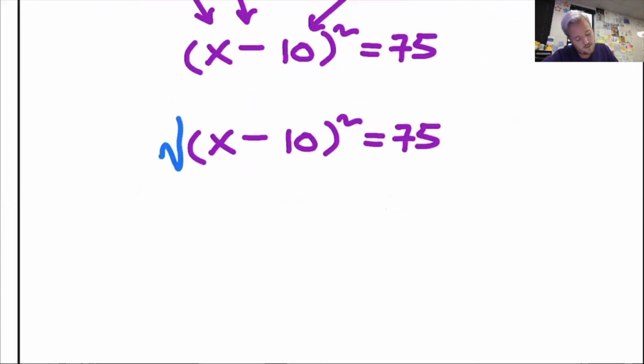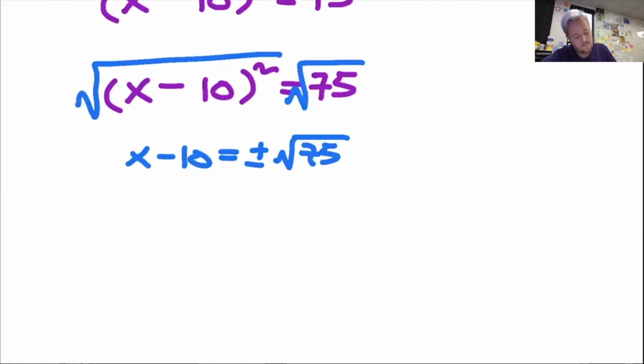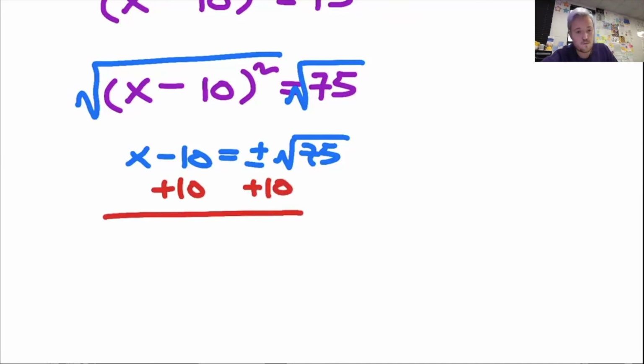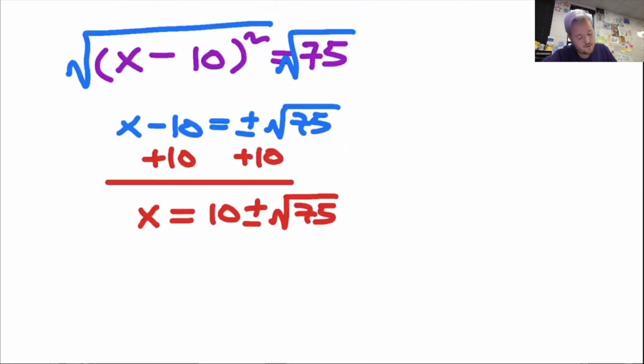All right, so square root of both sides. So x minus 10 is going to equal plus or minus the square root of 75. All right, I'm going to add over that 10. So I have x equals 10 plus or minus the square root of 75.